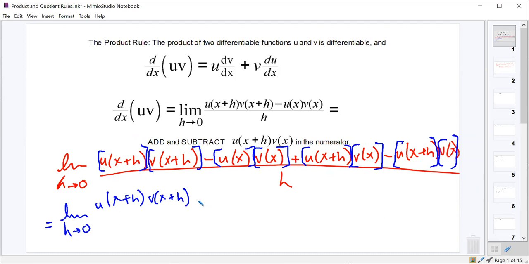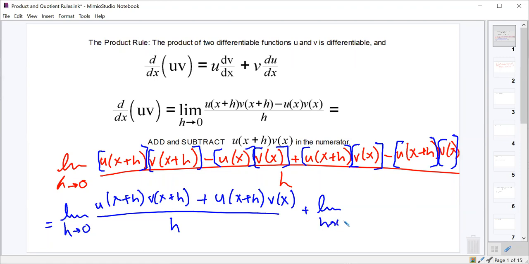Okay, so I'm going to write this with the plus there. And then what's left is a plus, and then a limit as h approaches 0 of the other ones, right?